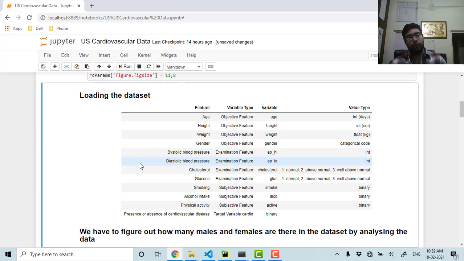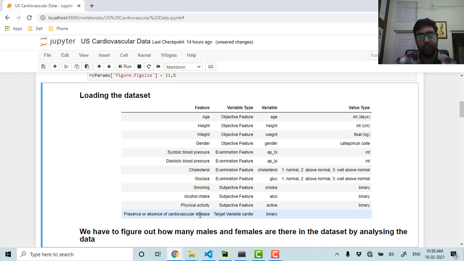Now let's load the data set. So I have loaded the data set and I got these features with their variables and value types. Let's look at the features and then we'll move on. First of all we have age, which is in days.